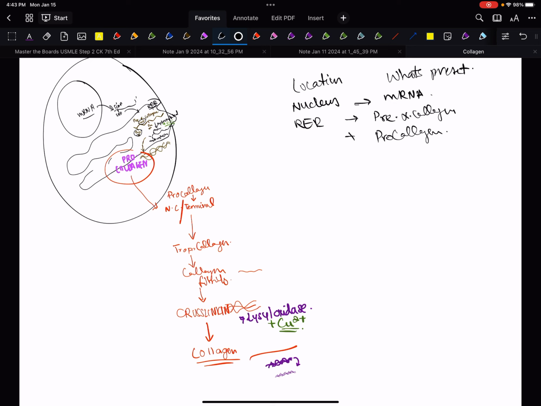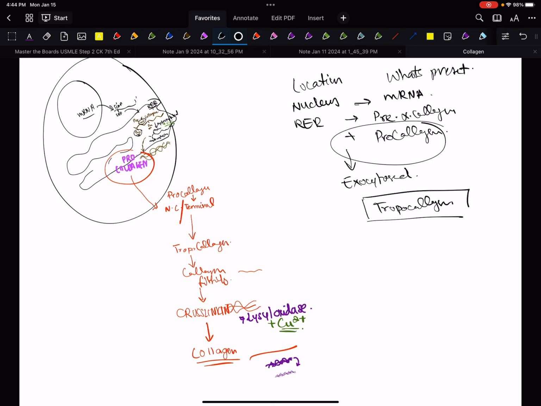And then when we get exocytosed, this pro-collagen will get exocytosed. And now we would have tropocollagen. And the pattern just goes along: collagen fibrils and collagen. Nice.